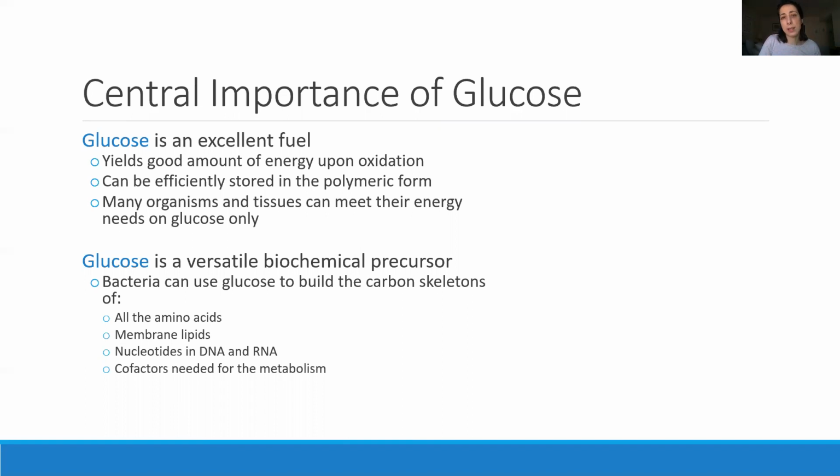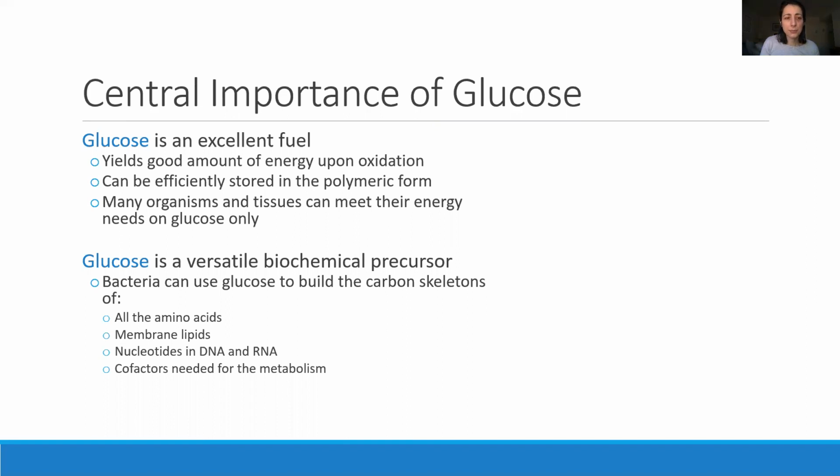So many organisms out there, and also many types of tissues within organisms, can actually meet all of their energy needs just using glucose. It's also very versatile. We've talked about how carbohydrates can be used as energy, but also be used as building blocks. If you remember, bacteria in particular can actually use glucose and other carbohydrates for building blocks in their carbon skeletons.